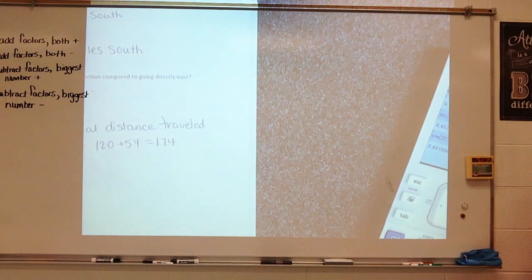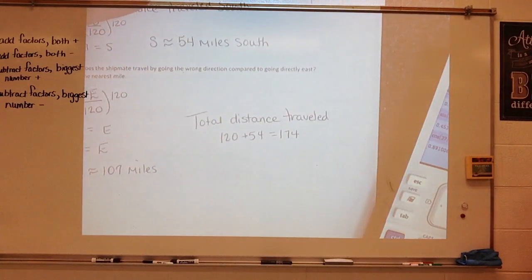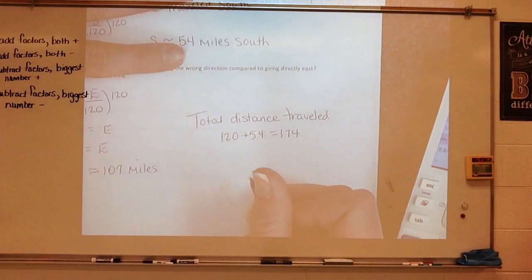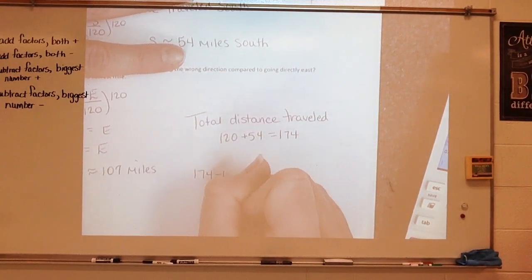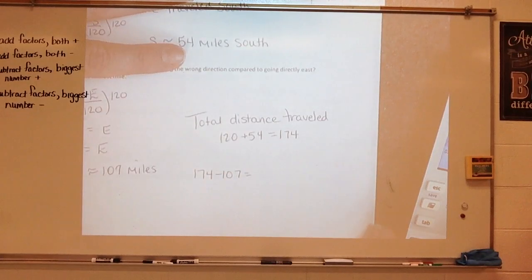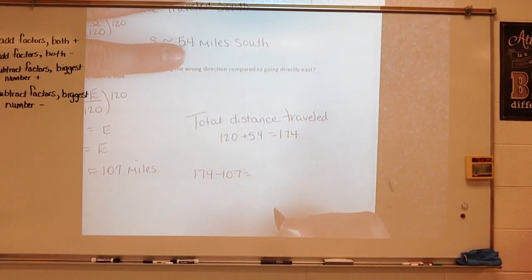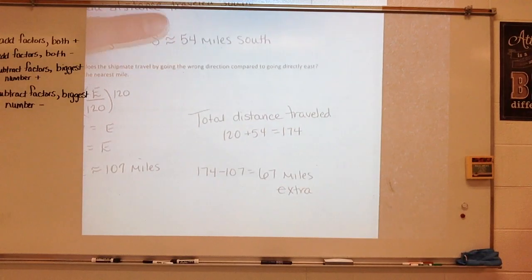And he really only had to travel 107 miles. So 174 minus 107 is 67 extra miles. So he traveled 67 extra miles.